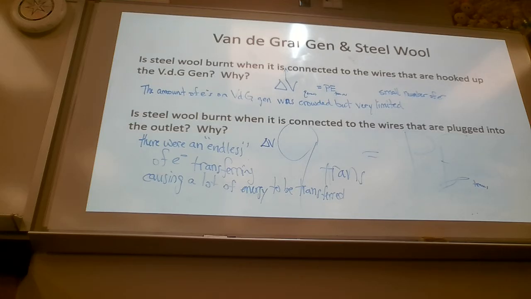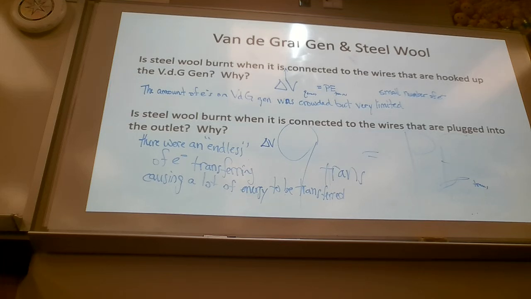But on a global scale, because there are so many of them, they are a big player in the global economy. Does that make sense? So the Van der Graaff generator is Kuwait. Very motivated, but there's not many of them. China's like the outlet. There's not much money per person, but collectively, they're a big player in the global economy.